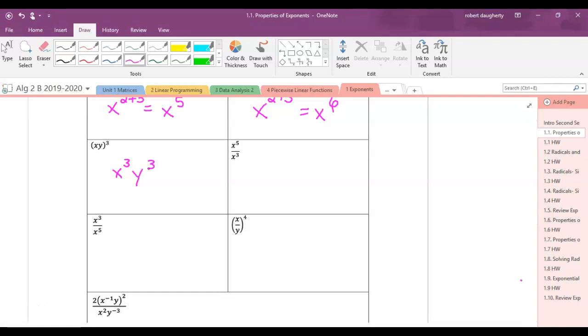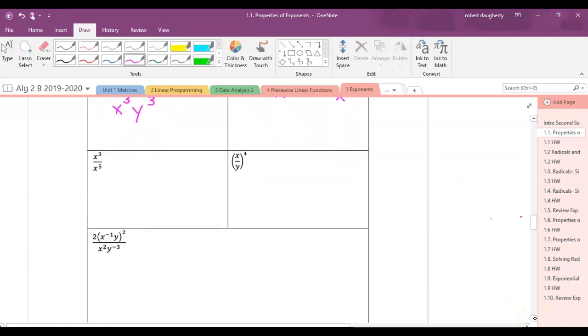X to the fifth divided by x to the third power. What do I do with exponents when I have a quotient? I subtract them. So this is x to the 5 minus 3, which is x squared. What if this had been, oh, I was about to go freestyle, but that is the next question: x to the third over x to the fifth.